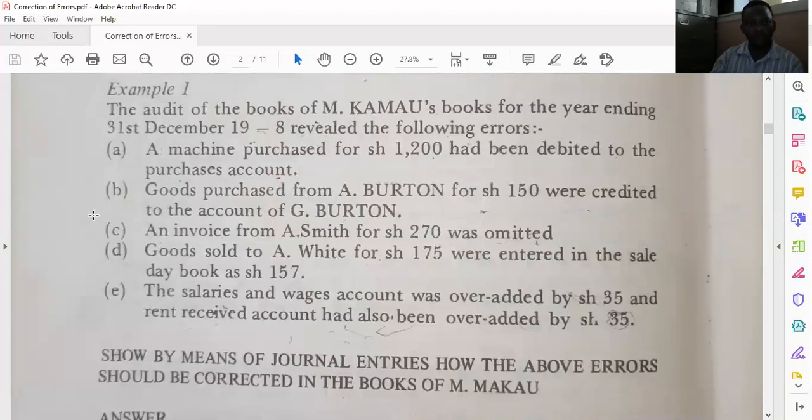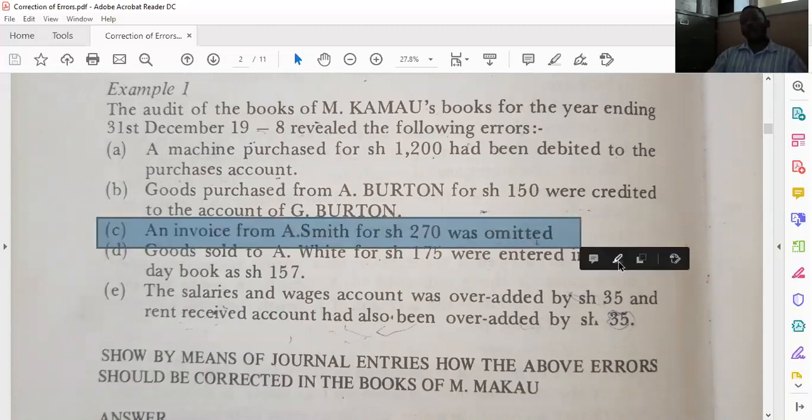Then number 3, an invoice from A Smith of 270 shillings was omitted. So this is an error of omission. An invoice is a document that signifies a credit purchase or sale. When we receive an invoice, it means that we have bought on credit basis.